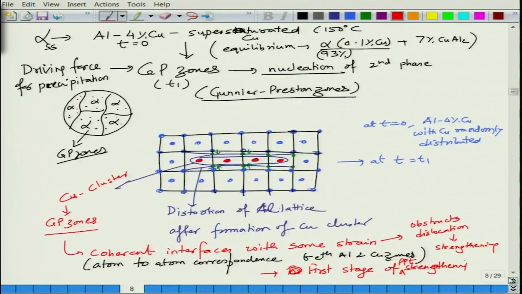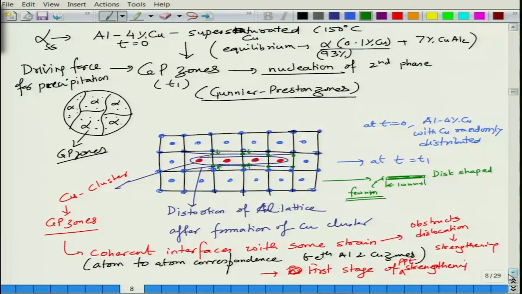So this can also be explained in the form of, generally, precipitates are disc shaped. So these precipitates are disc shaped, let us say. You can see these are very thin discs, with a width of the order of about 10 nanometer, and a thickness of maybe a few nanometer, very thin discs.